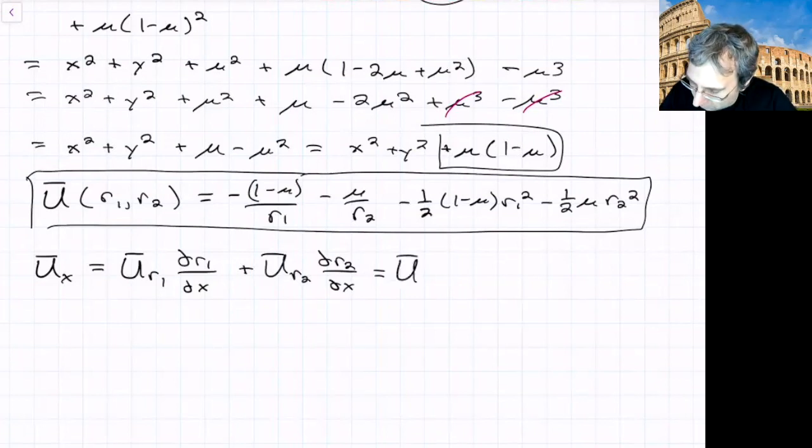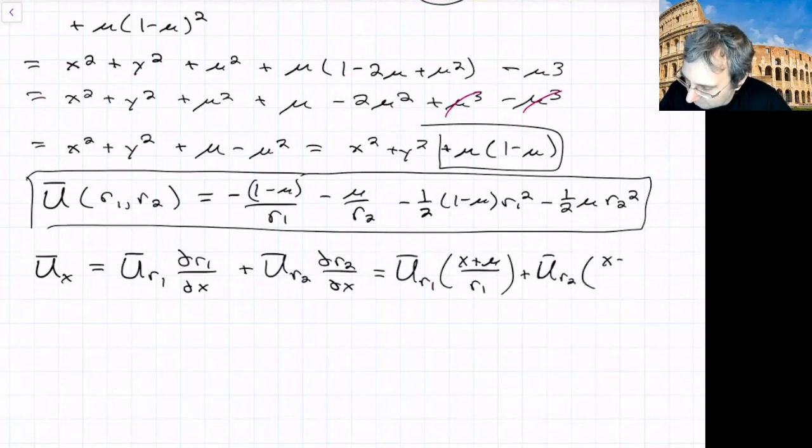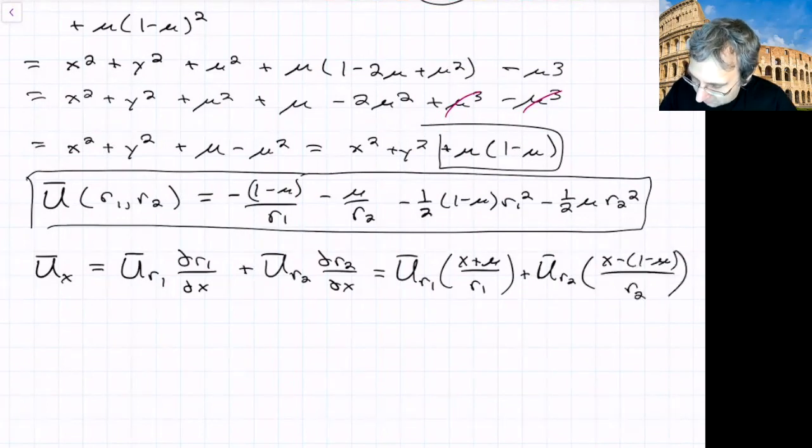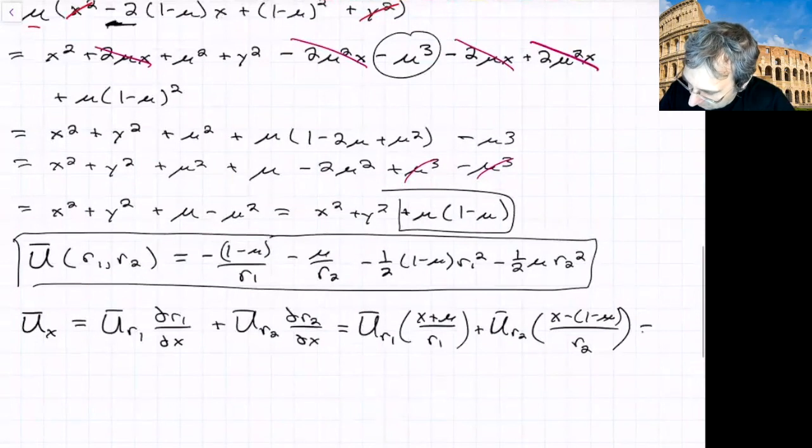So this is U bar R1 times partial R1 partial X, which is just (X plus mu) over R1, and then U bar R2 times (X minus (1 minus mu)) over R2, and we want that to be equal to 0.